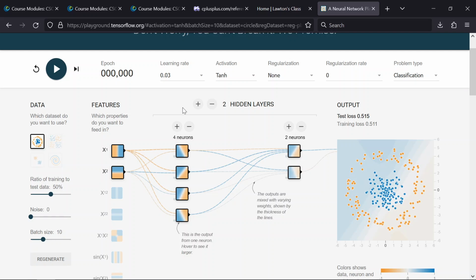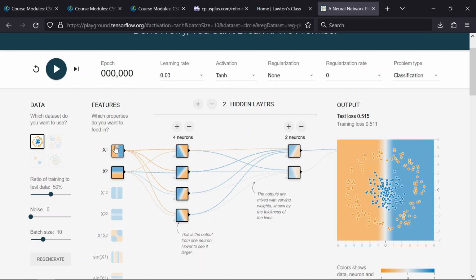You can give your neural network different kinds of inputs. You're giving it a dot, and having it figure out if it was blue or orange.